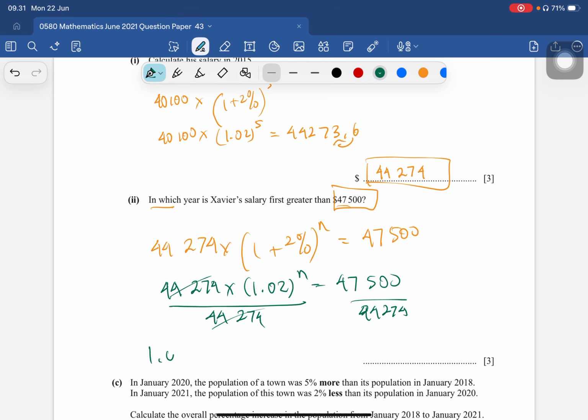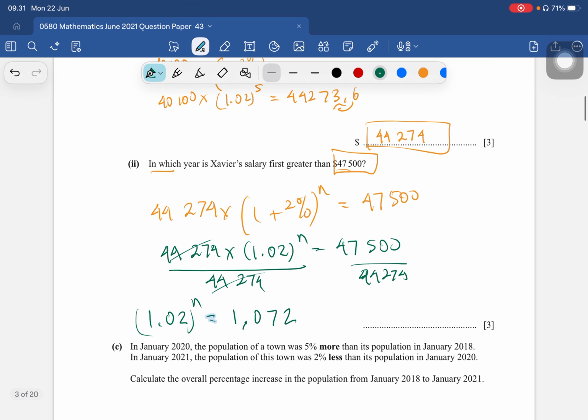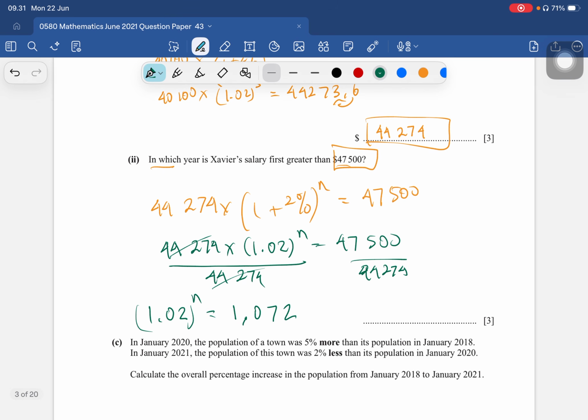So this is 1.02 to the power of n equals 47,500 divided by 44,274. So this is 1.072. Okay, we can give it this way, to the power of n.